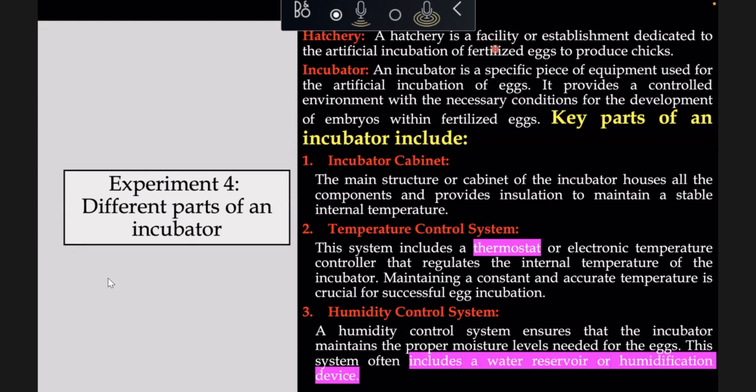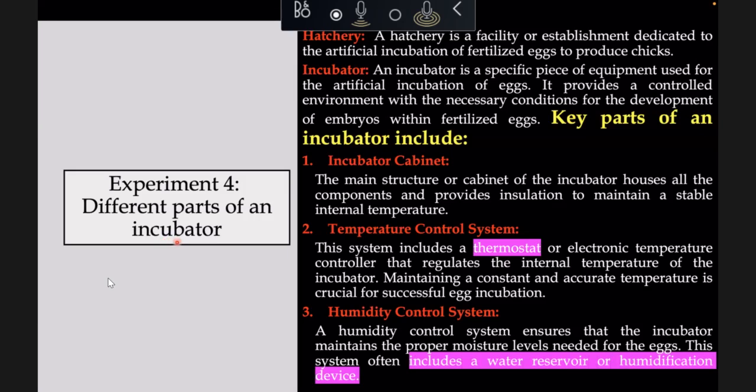Now experiment number 4 is the different parts of an incubator. You guys know what an incubator is, and this is the machine or facility where artificial incubation is done. And what is incubation?